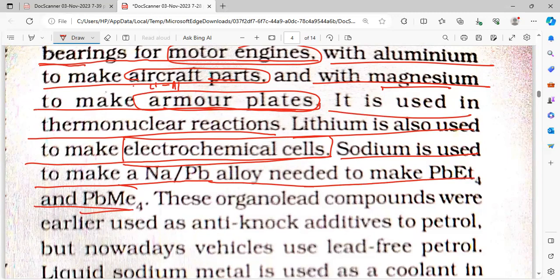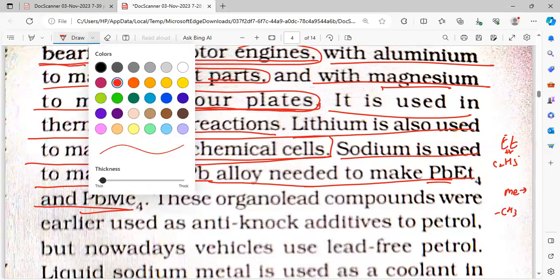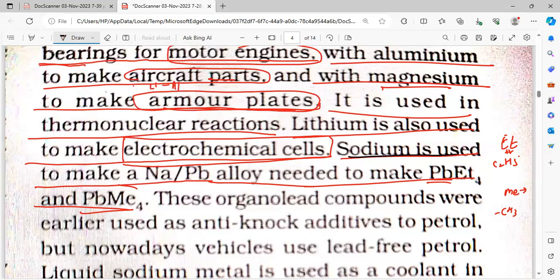Tetraethyl lead: Et means ethyl, C2H5, and Me means methyl, CH3. You can see sodium is used to make the NaPb alloy needed to make PbEt4 and PbMe4.